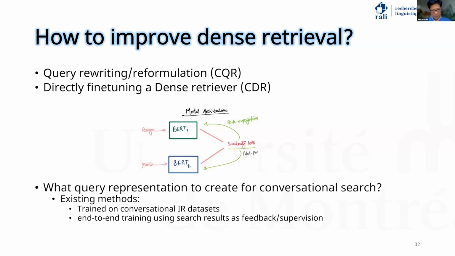But now in the conversation context, can we fine-tune this query representation to incorporate the conversation context and other potential signals that can help? So that's what we will do here. It is trying to fine-tune a dense retriever. Typically we call it the conversational dense retriever.